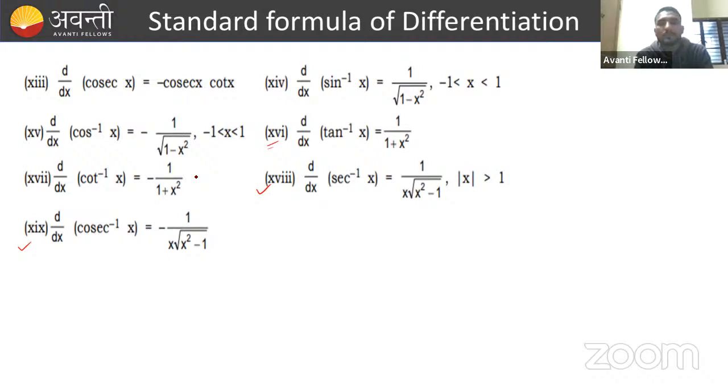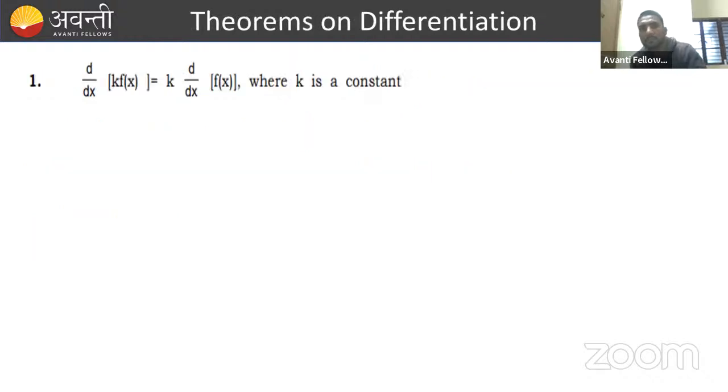So I hope you have understood and you know these formulas. Then we are going to see some theorems on differentiation. These are very small theorems. If any function is given and we multiply it with some constant, then we can take the constant out and do the differentiation for the rest of the part.